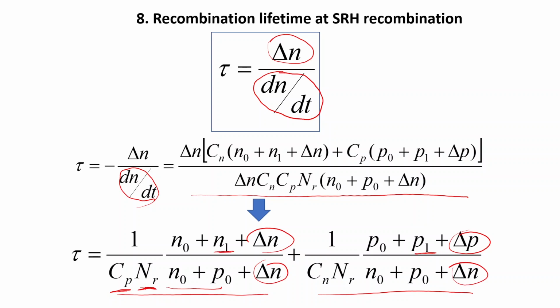So all parameters are here, and this is a good point where we can consider different excitation conditions, similar to what we did for bimolecular recombination.